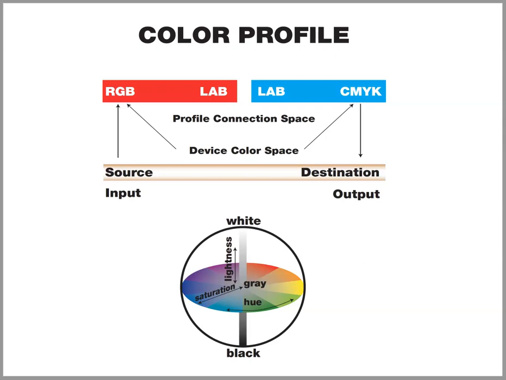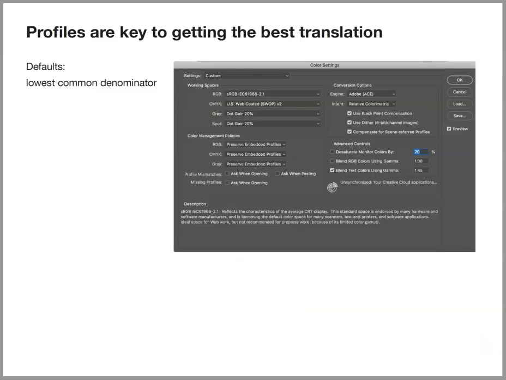LAB works on a three-dimensional form of defining color, and it does it regardless of the device. It is device independent. You'll learn a lot more about color in the color class. The profile is the key to getting the best translation.